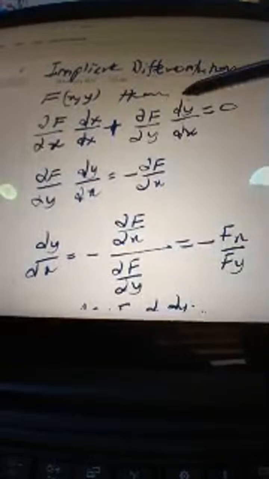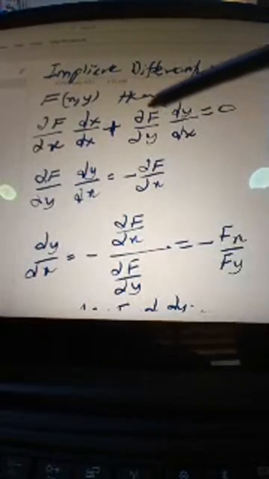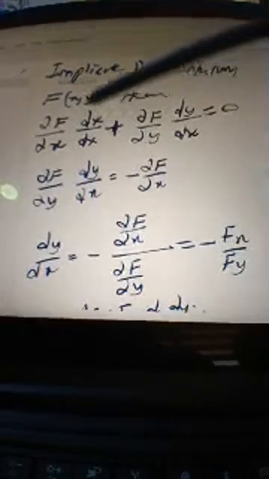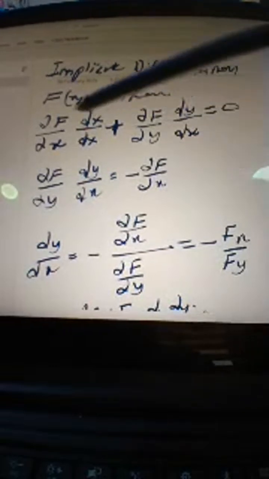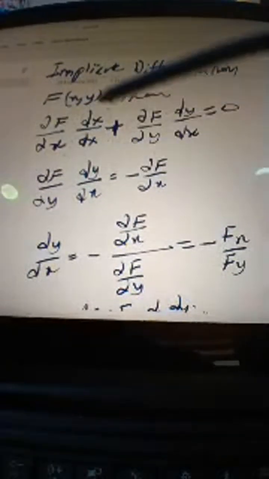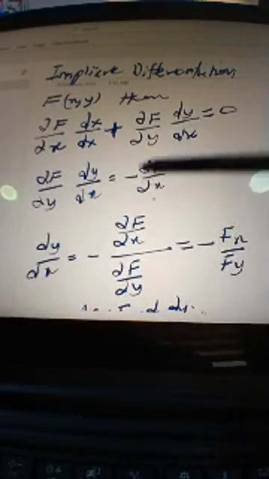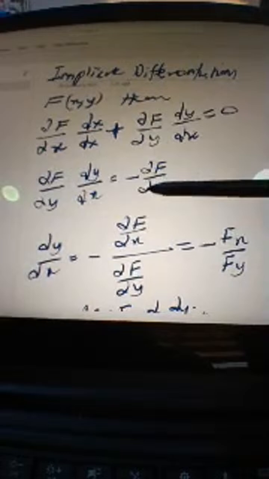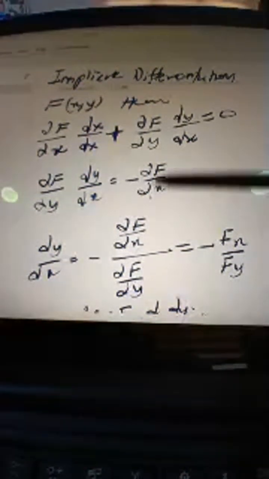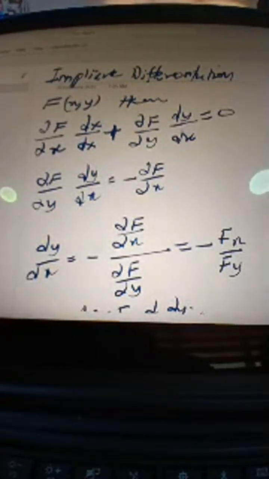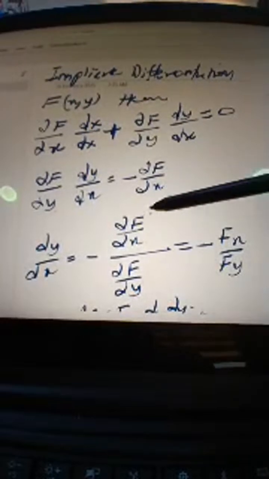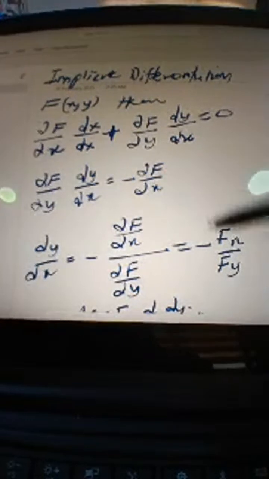Now, we want to make dy dx the subject. So we subtract this from both sides. This goes to 1. When we subtract the whole of this from both sides, because this goes to 1, we get the next step: the whole of this on this side equals negative del f del x.